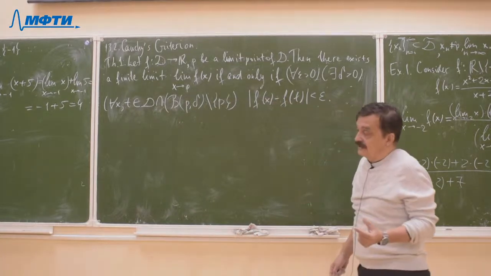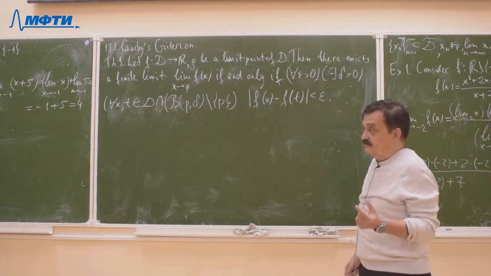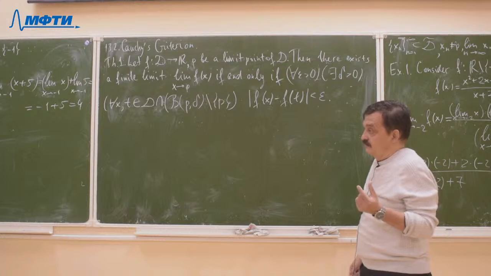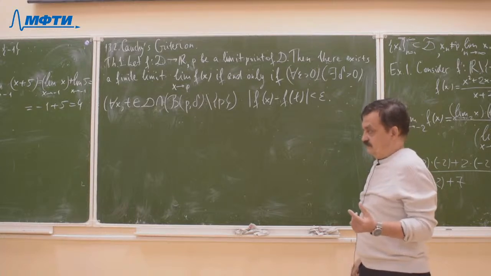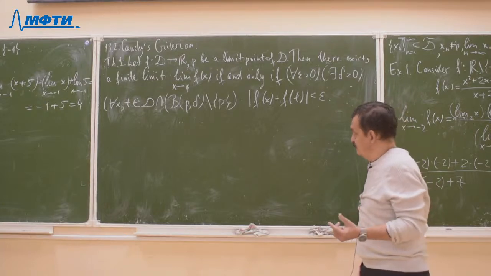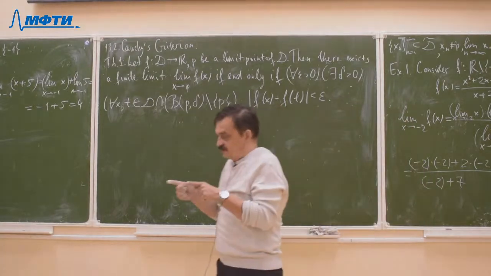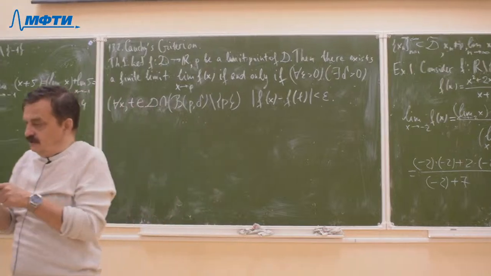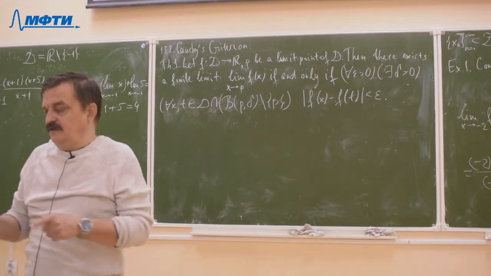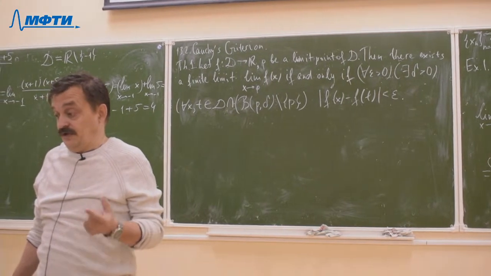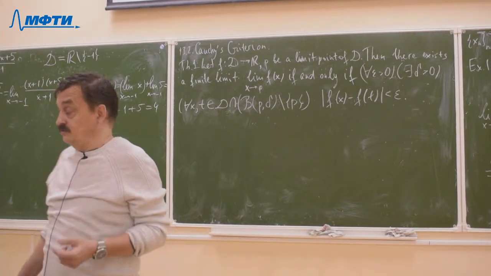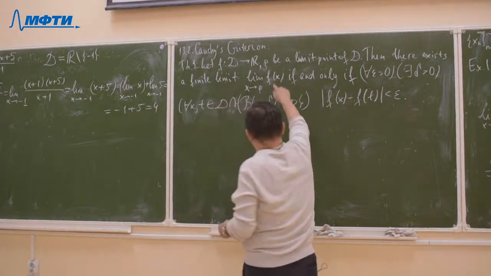And the Cauchy criterion says that for the existence of the limit, it is necessary and sufficient that the values of the function are close to each other when we approach the value p.